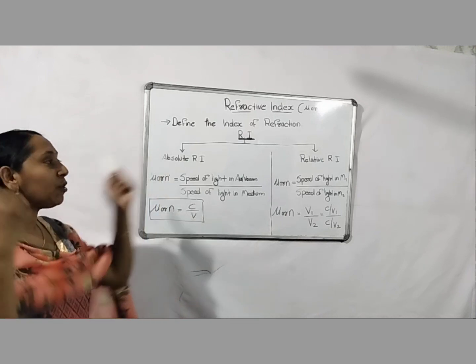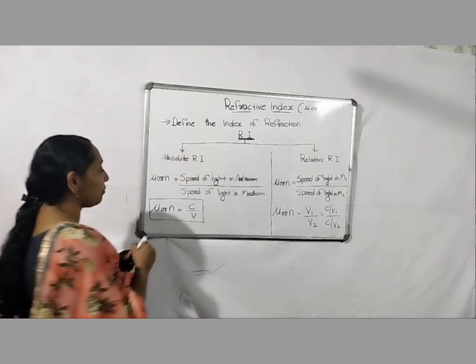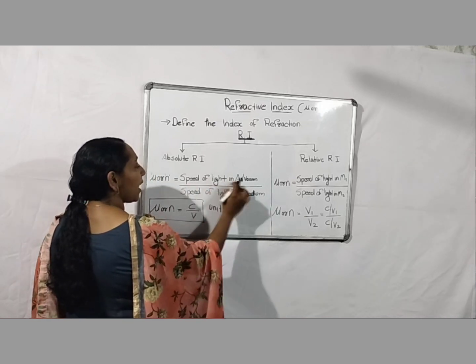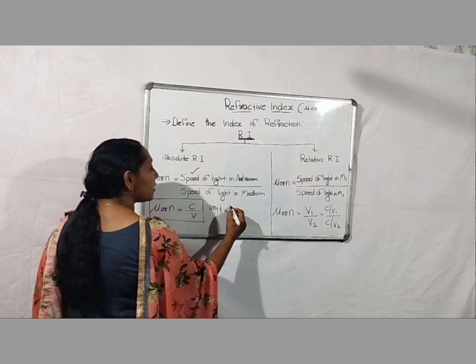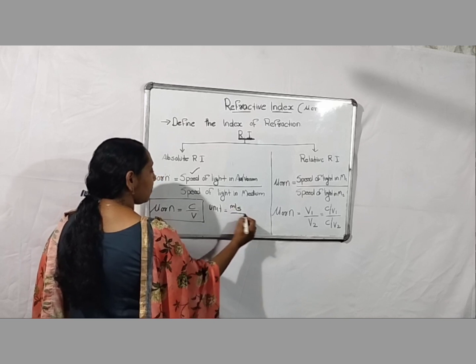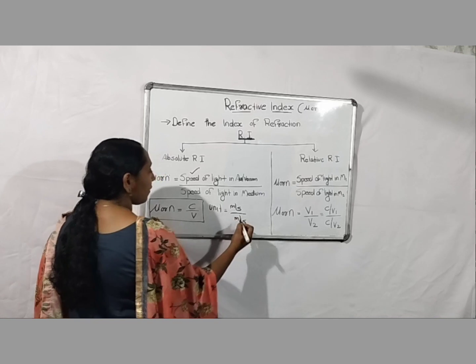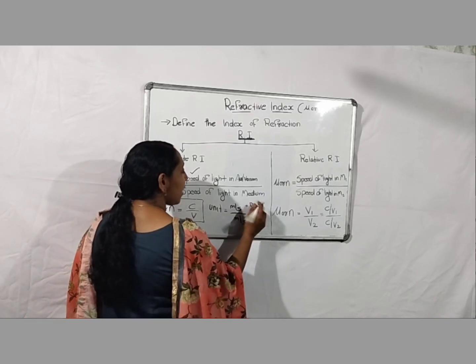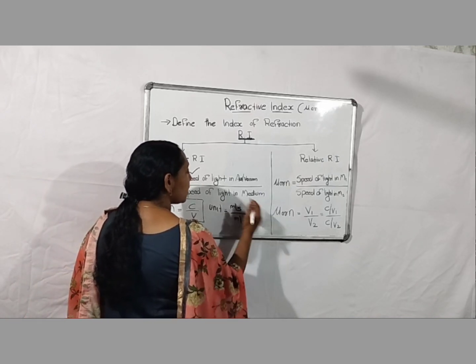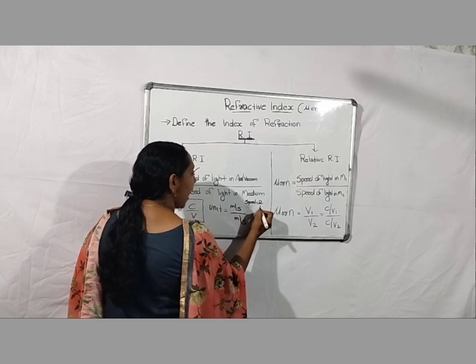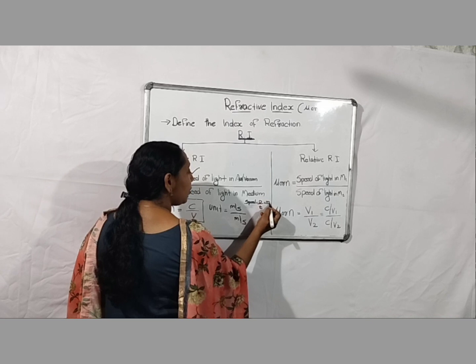Then how do we find the unit of absolute refractive index? The numerator is the speed of light in air, and the speed unit is meter per second. The denominator is also speed, meter per second. What do we mean by speed? Speed equals distance divided by time. The distance unit is meter and the time unit is second.